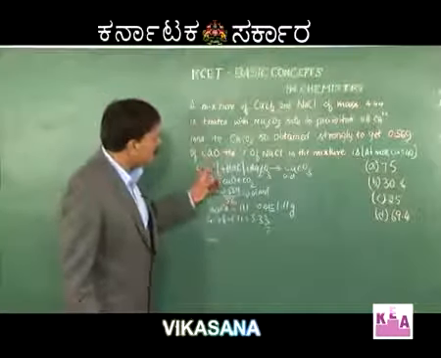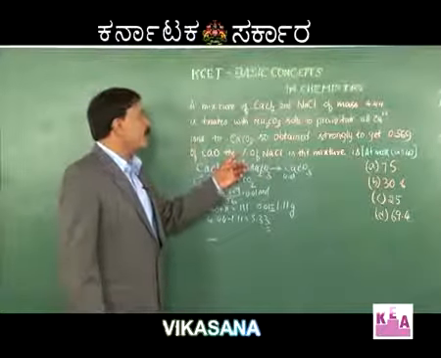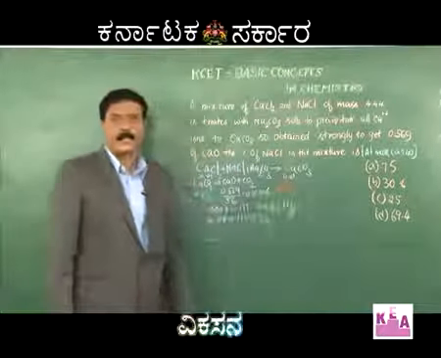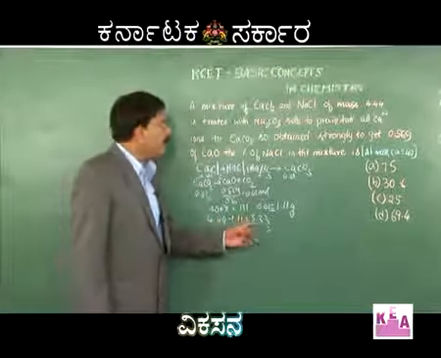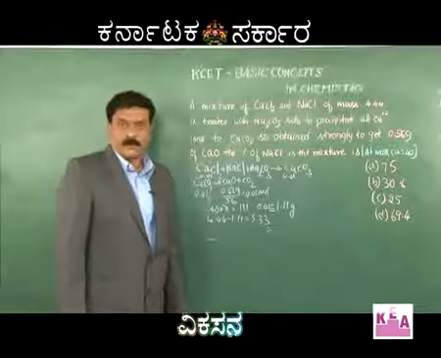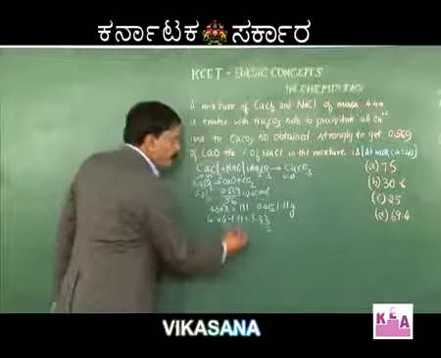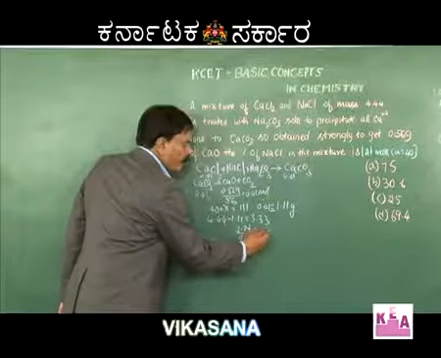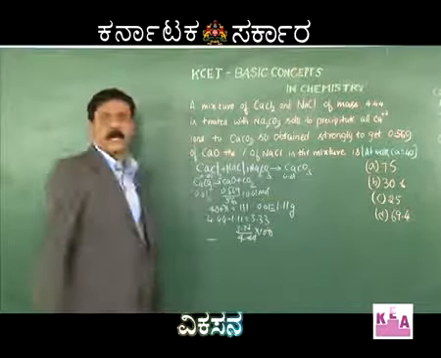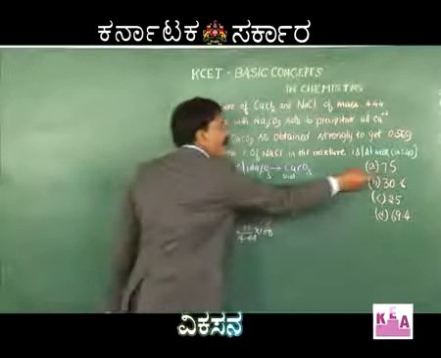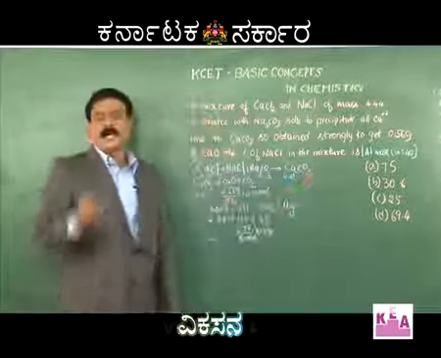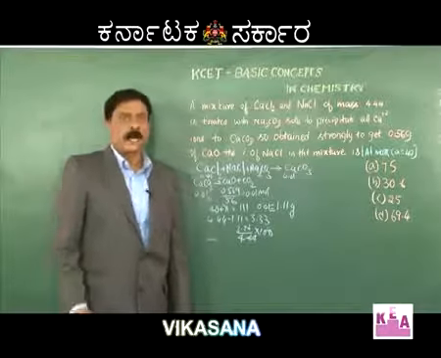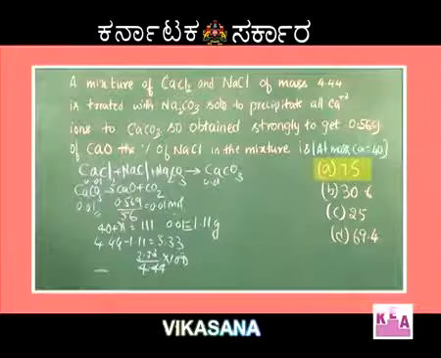The question asks as to what would be the percentage of NaCl in the mixture. It is 3.33 out of 4.44, and therefore the percentage would be 3.33 divided by 4.44 into 100, which turns out to be 75%. And therefore, the right answer for this question is option A.